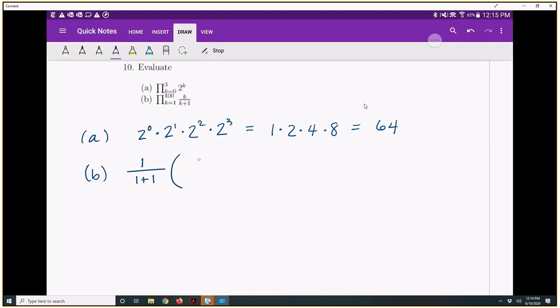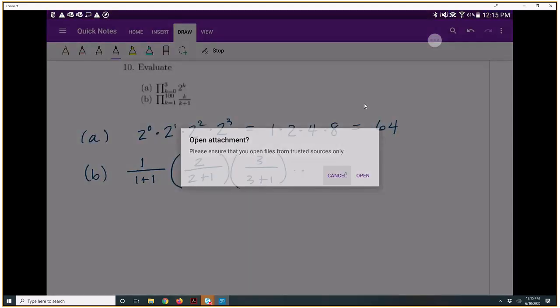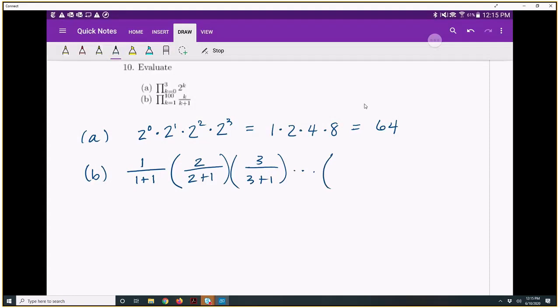Then I'm multiplying by 2 over 2 plus 1, multiplying by 3 over 3 plus 1. And I'm going to continue this way until I get to 99 over 99 plus 1 and 100 over 100 plus 1.